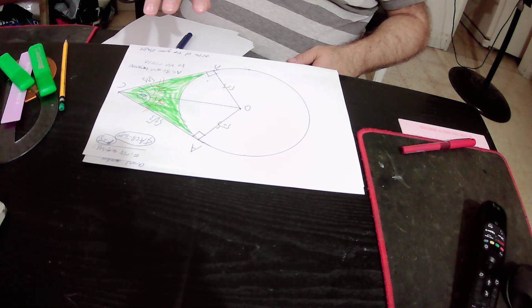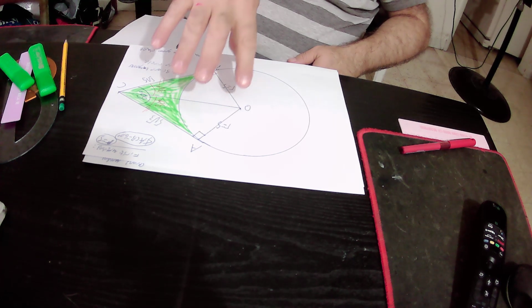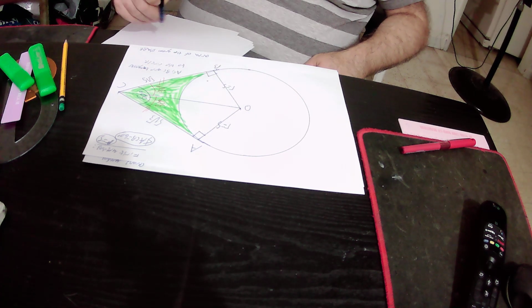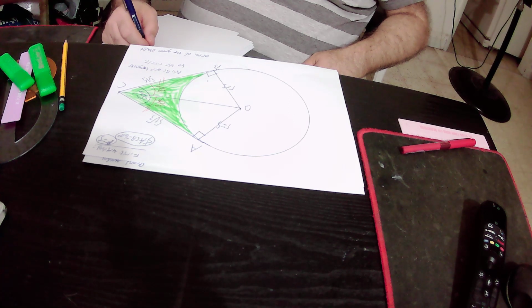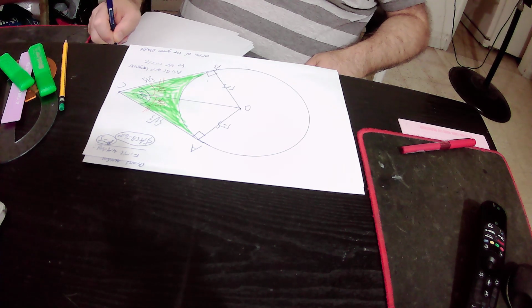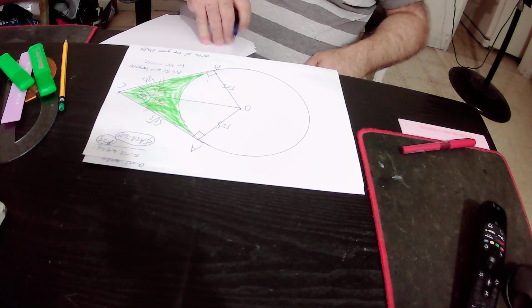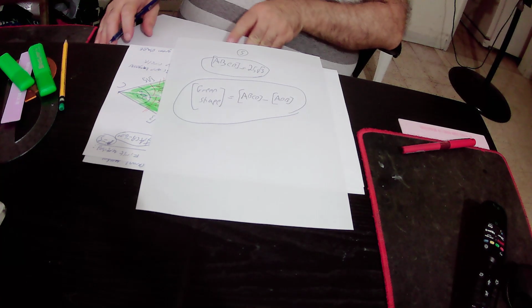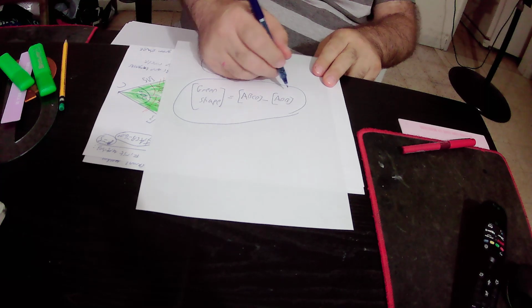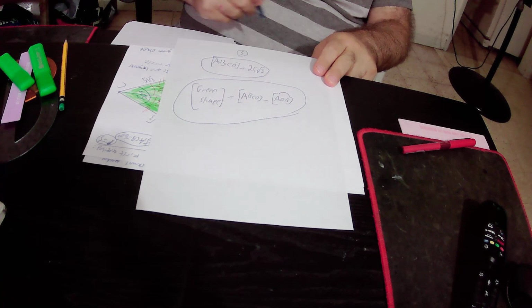Again, the area of the green shape equals the area of quadrilateral ABCO minus the area of sector AOB. So I will write it down. Okay?